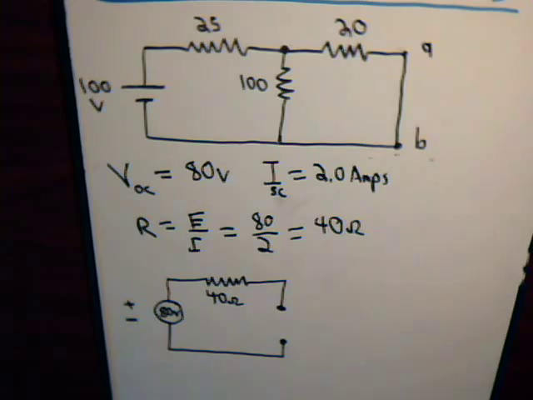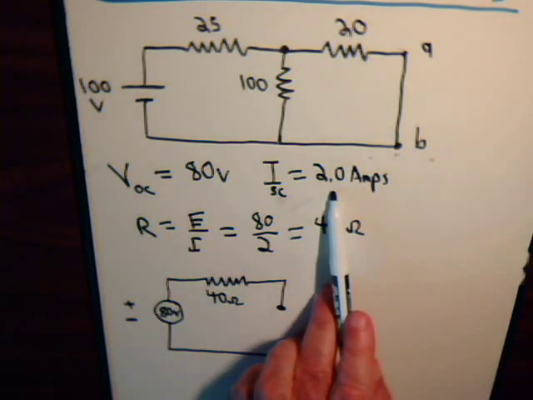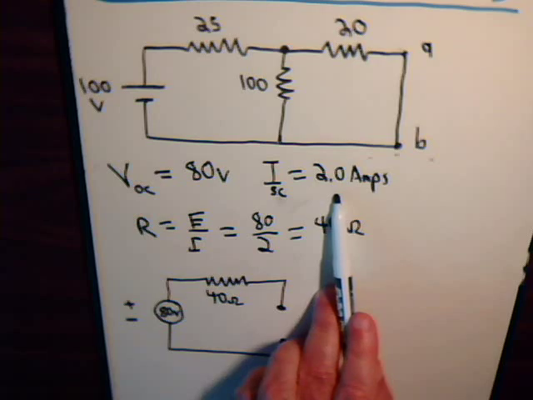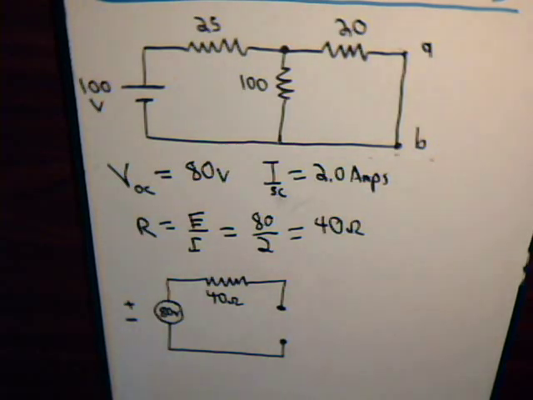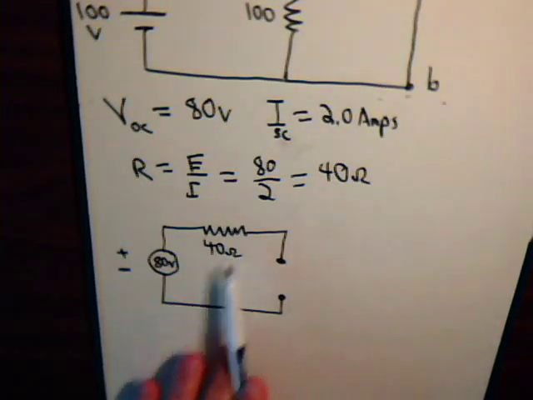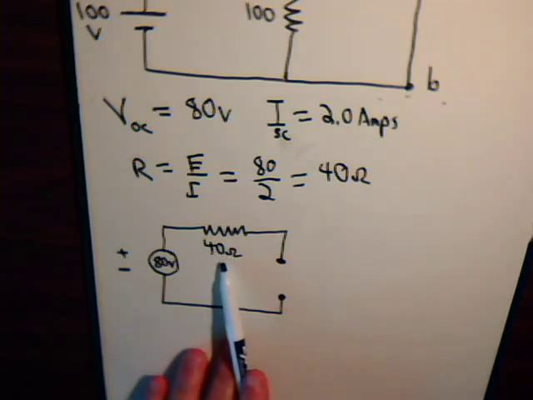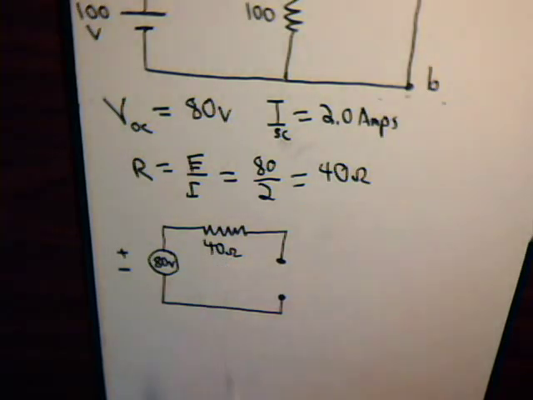We'll explain that in just a minute. But when we determine what this current is, that allows us to determine the corresponding resistance of our simpler circuit, in other words, the Thevenin resistance.